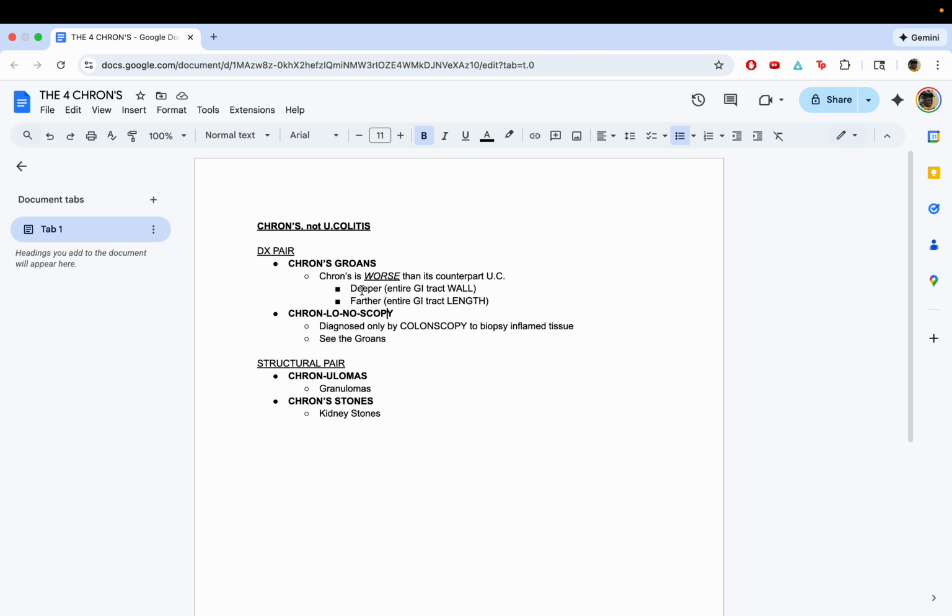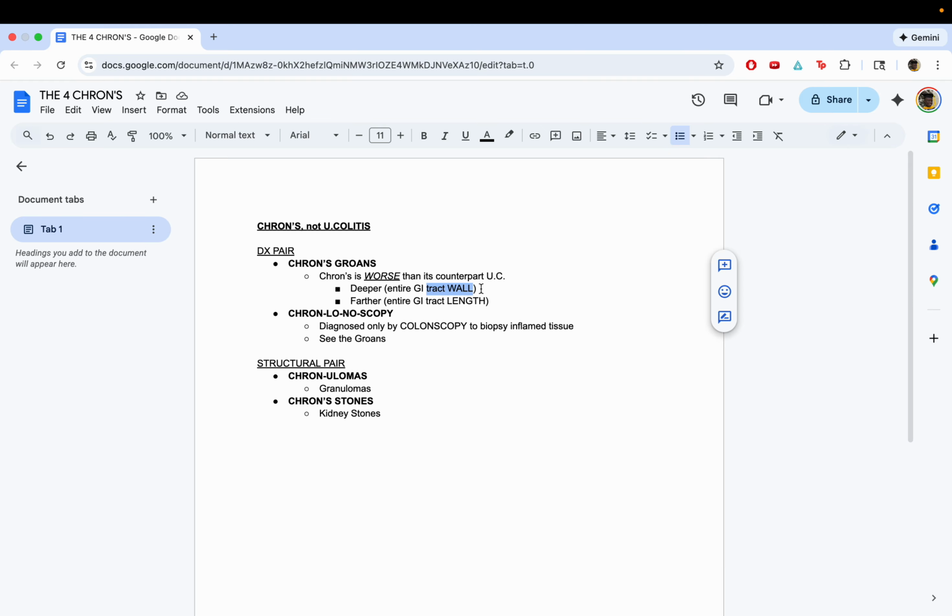What I specifically mean is that the inflammation penetrates deeper and goes further. In Crohn's, the inflammation is transmural. It goes through the entire wall of the bowel, whereas in ulcerative colitis it only goes partially through the wall.